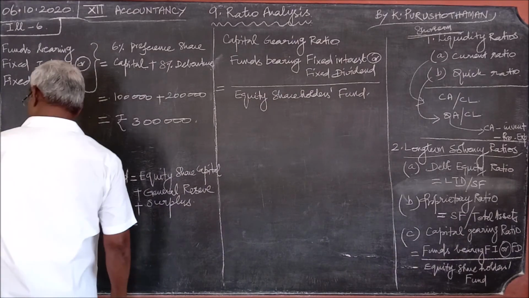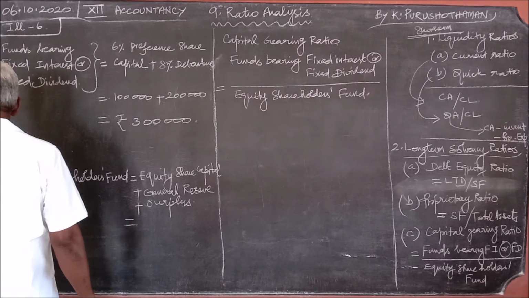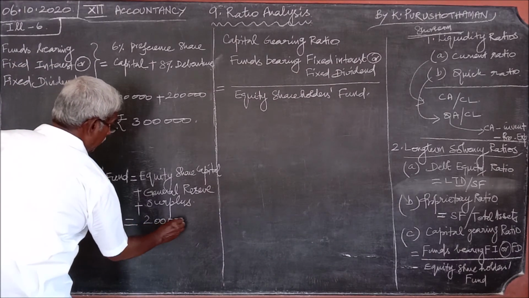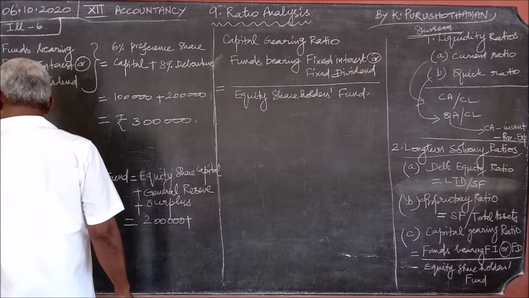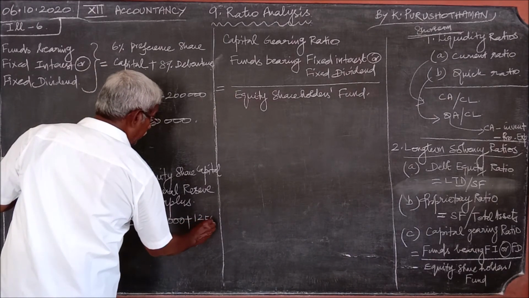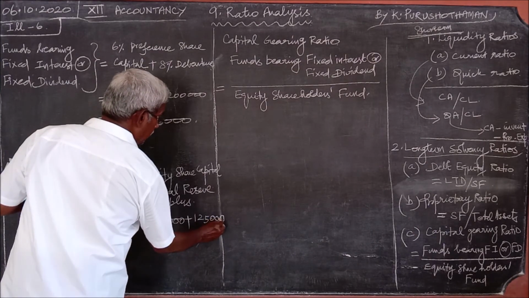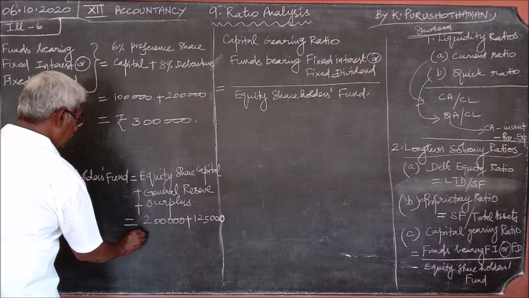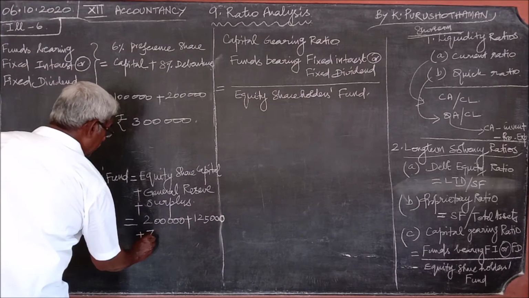So, equity share capital here 2 lakhs plus general reserve 1,25,000 plus surplus 75,000.